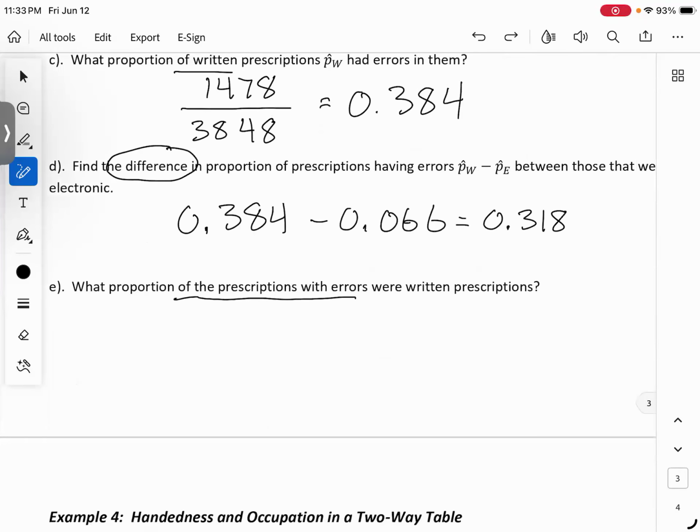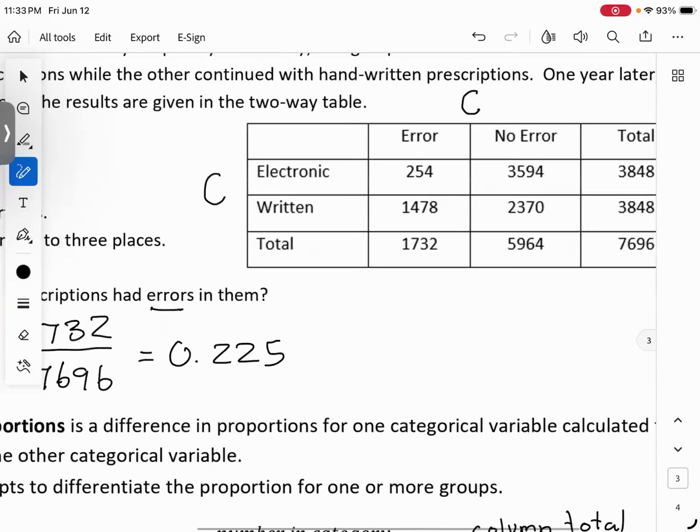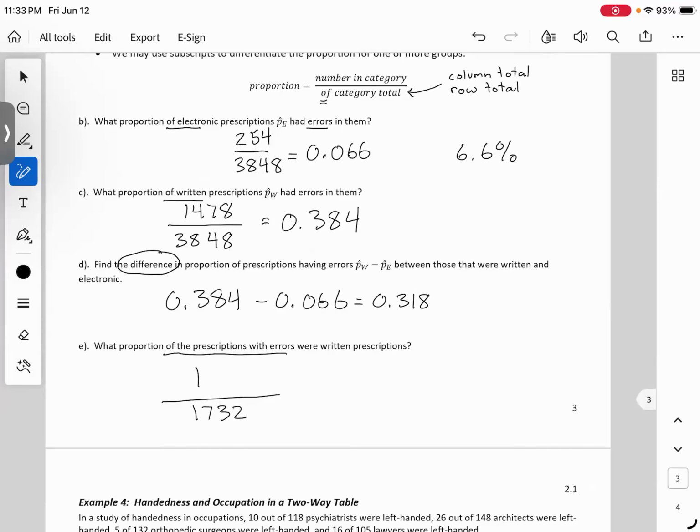So you can just keep in mind, sometimes you got your 1732. Just going to double check that real quick. 1732, 1478. So when there was errors, of all the ones that had errors, about 85.3% of them were written.